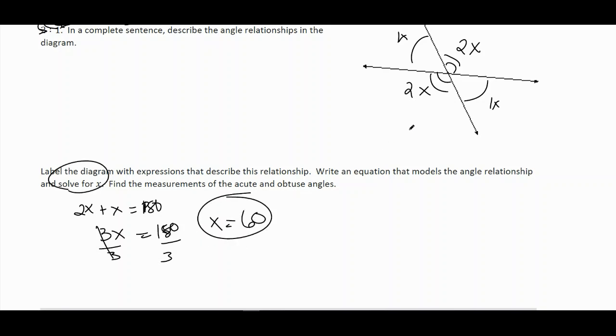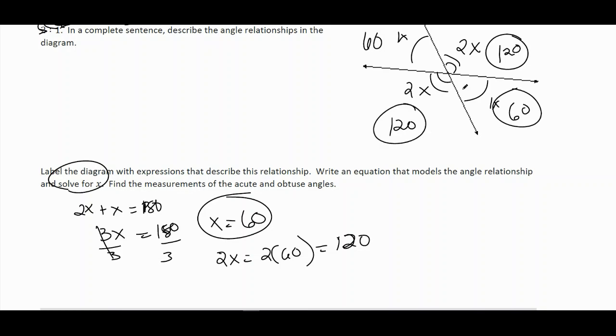Now that is the measurement of this acute angle here. Now how about the obtuse? Of course, we just need to multiply it by 2. So 2x is 2 times 60, which is 120. As you can see, if you add all this, 120 plus 60 is 180, plus 120 plus 60, 180, 360.